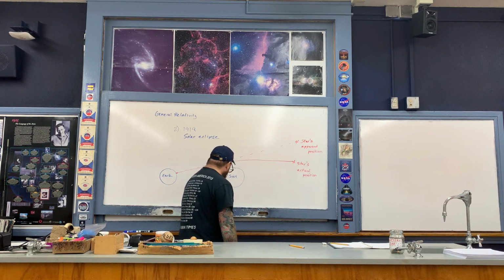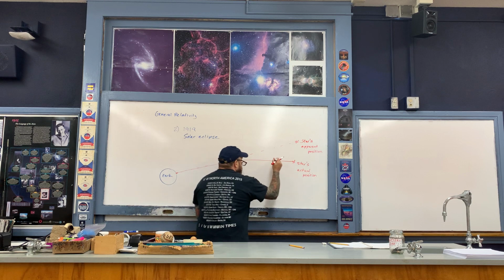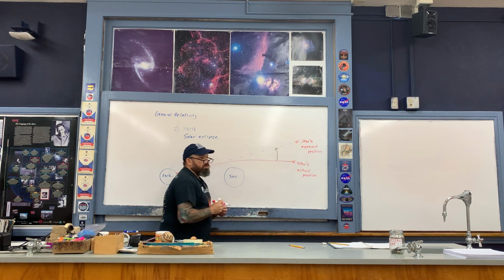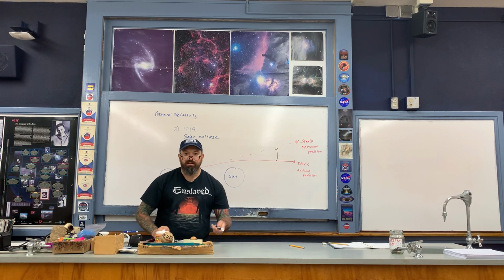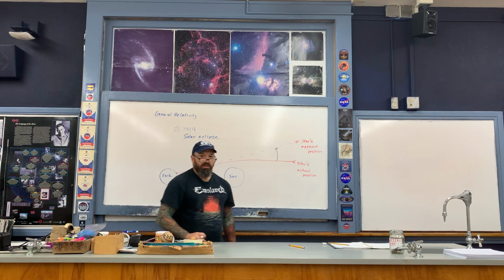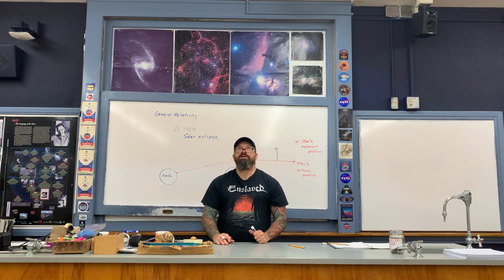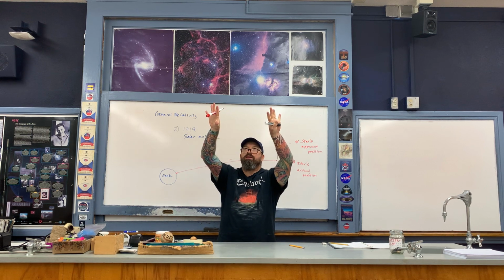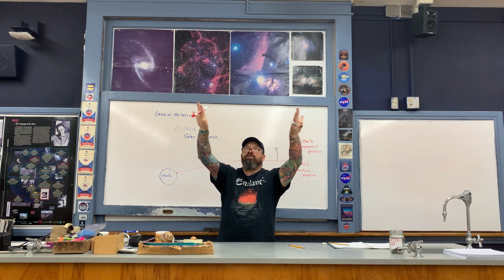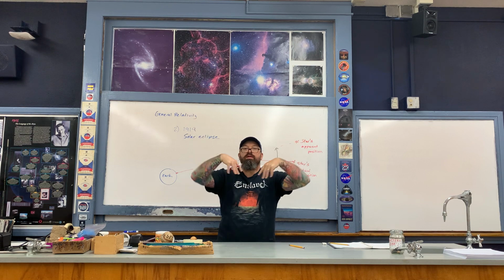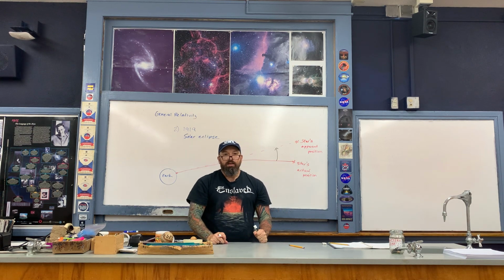Notice that the star's apparent position is further away from the edge, or the limb, of the sun than the star's actual position. So imagine during the total solar eclipse, you're looking at the eclipsed sun, and then you look at the background stars. The background stars are further away from the sun than their actual position.